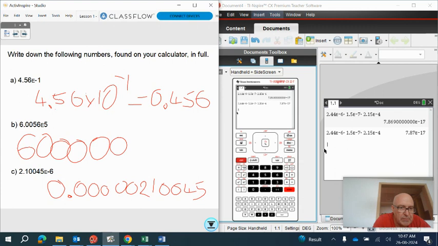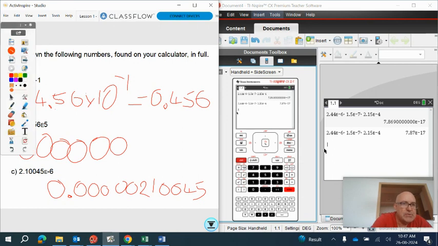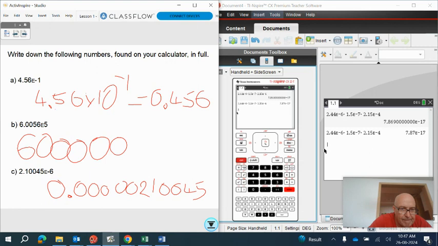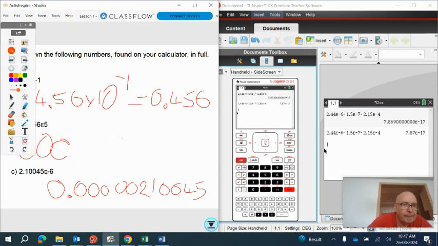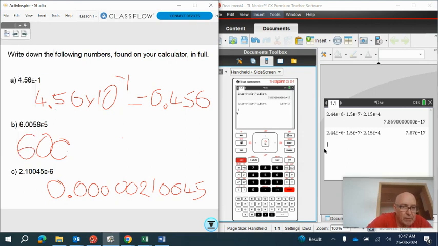But notice it's not all going to be 0, so that 5, 6 is going to move up, to here, like this. So we should have 5 digits after the 6. So we've got 0, 0, 5, 6, and then we'll need another 0 like that.